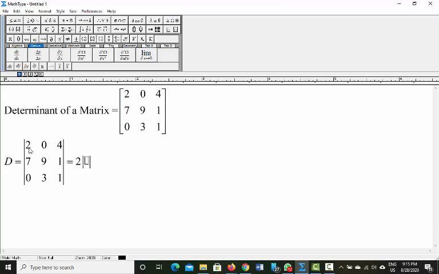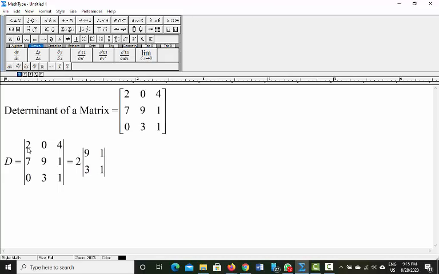As we have taken the first element of the first row, this row needs to be ignored, and as it is the first column, this column also needs to be ignored. So we will be left with 9 1 3 1.